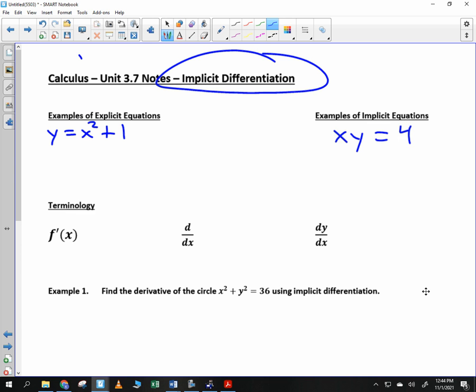Here's an example of an explicit: y is equal to sine of x. Here's another example of an implicit: x equals sine of xy.